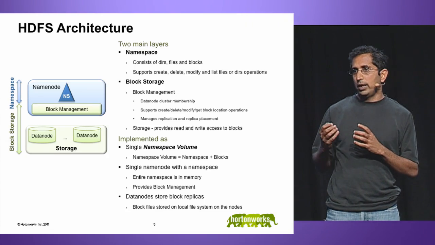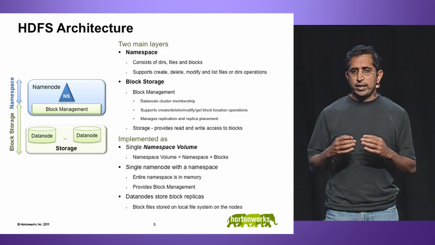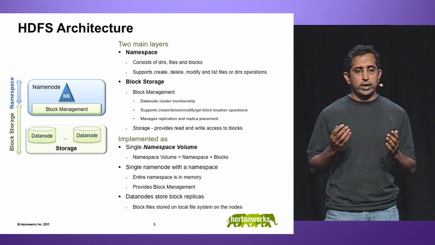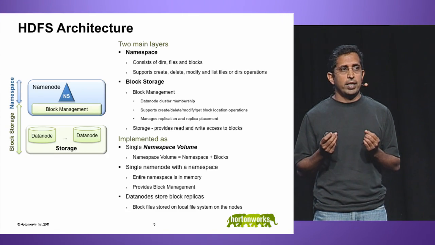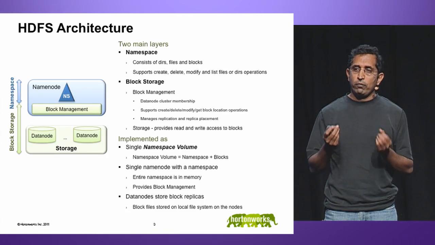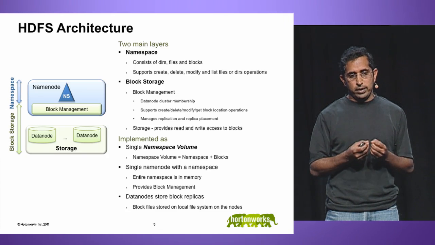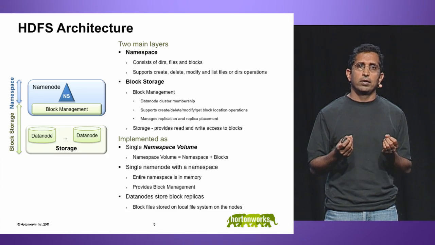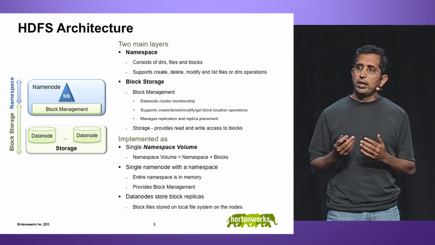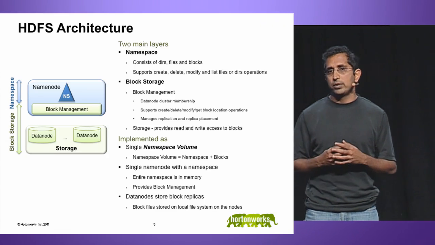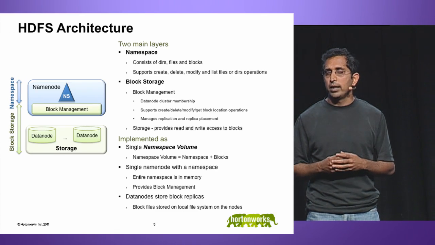The second layer, the block storage layer, has two subparts. One is block management, and block management is the functionality that defines the cluster. That is where all the data nodes register. The entire storage of the cluster is discovered and managed. The block management layer supports block-related operations, such as adding a block, deleting a block, listing blocks, things like that.